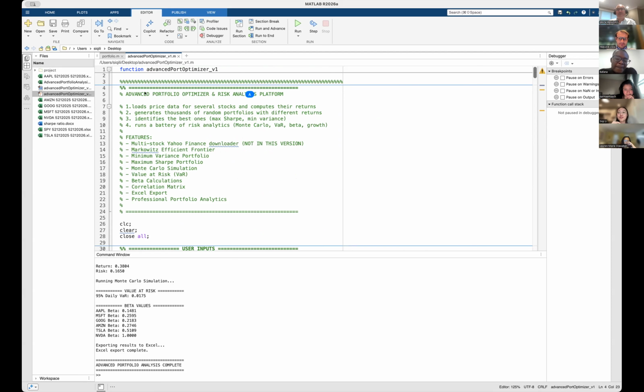So first, in general, this function does four things. First, it computes the returns of several stocks, and then it generates thousands of random portfolios based on the returns of these stocks.